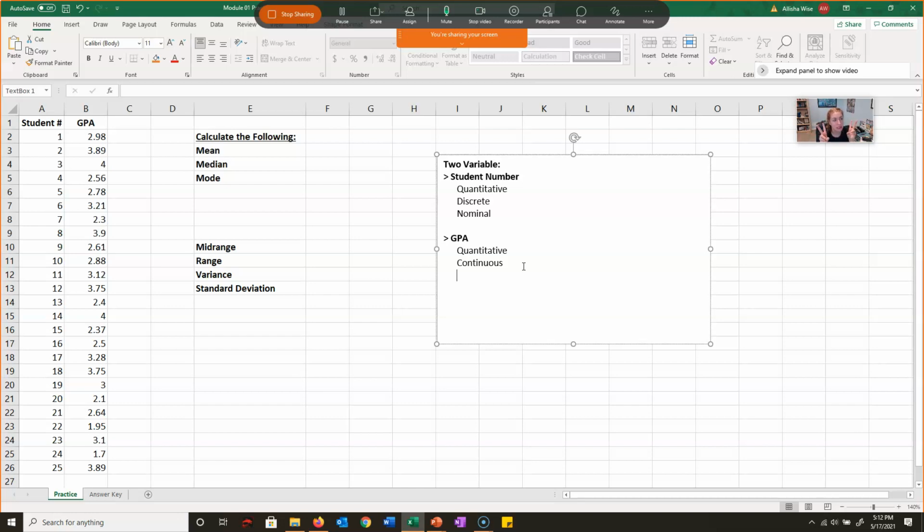So that's referred to as a true 0. So GPA would be considered ratio, because it would have a true 0. It's numbered, we could order these numbers, and we can actually do calculations like the mean, median, mode, mid-range, range, variance, and standard deviation. We could do all those calculations with that.